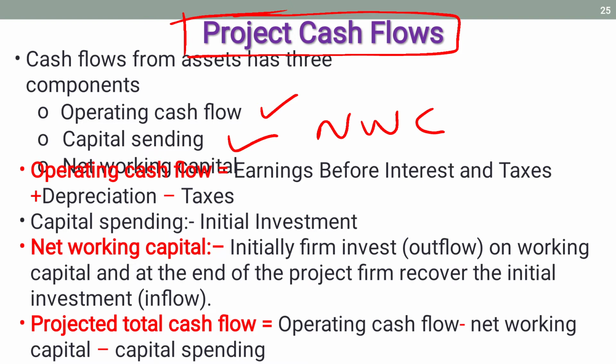Cash flows in the sense of operating cash flow, capital spending, and net working capital, right? Operating cash flow means earnings before interest and tax, EBIT, plus depreciation minus tax.